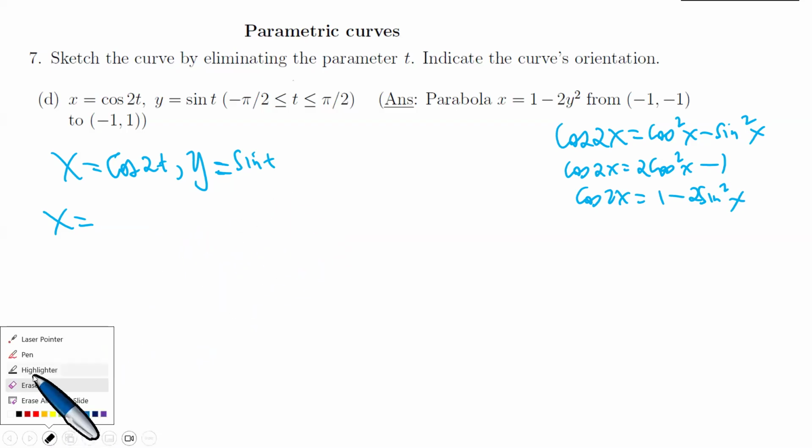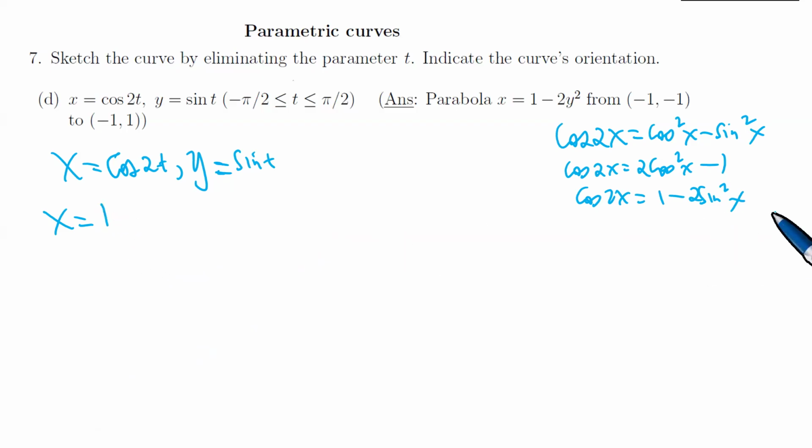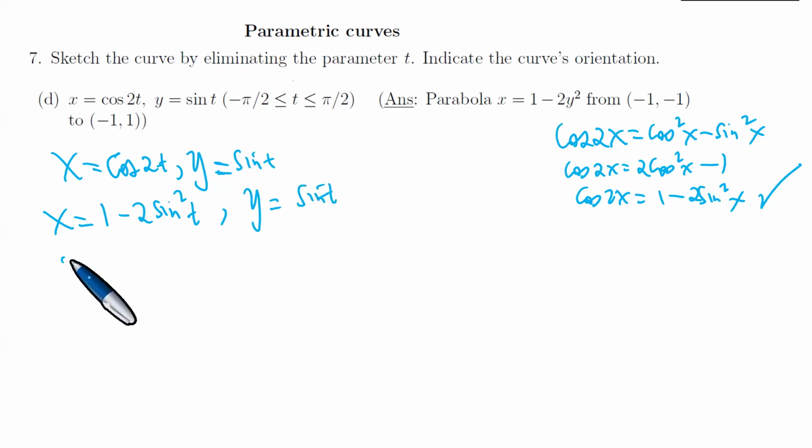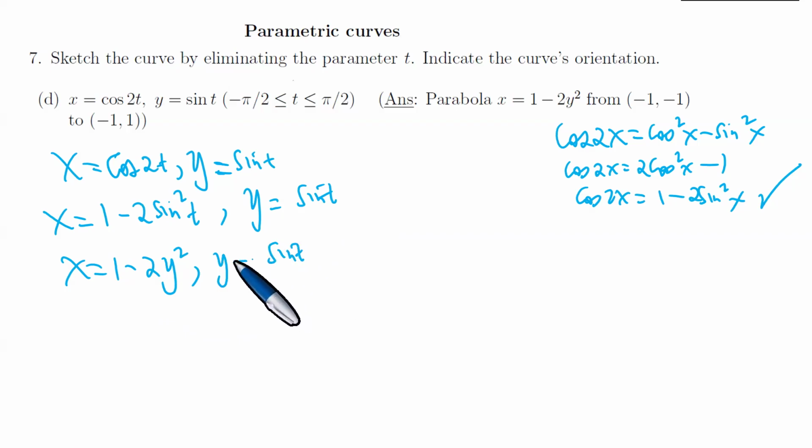So cosine 2t becomes, we're going to use the bottom one, 1 minus 2 sine squared t, because we know that sine squared t is y squared. So x equals 1 minus 2y squared, where y becomes sine t.